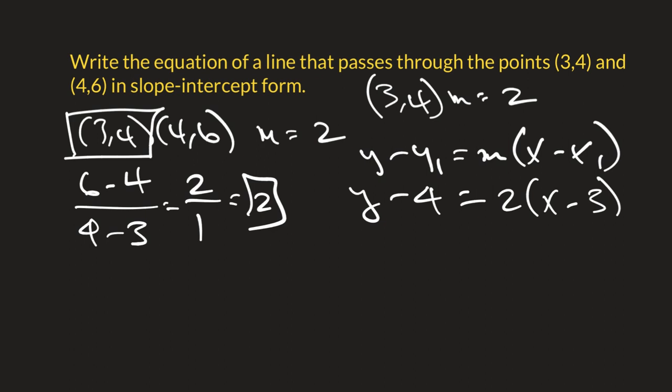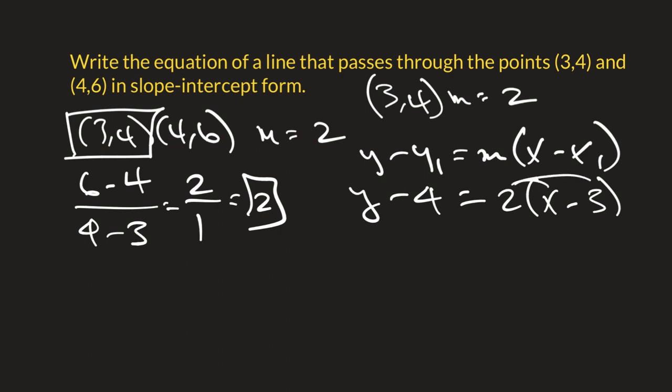We take my point, we take my slope, we plug it into point-slope form. Y minus 4 equals 2 times x minus 3. And again, remember, that is a legitimate equation of a line in point-slope form. We are headed towards slope-intercept, so we need to solve this for y.